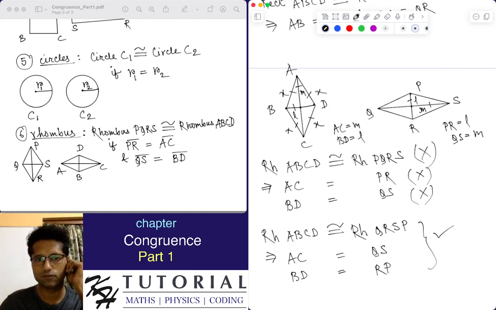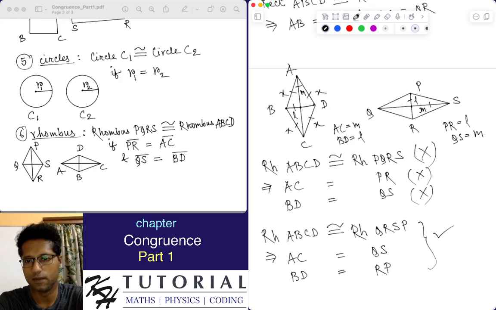So you have to be careful when you are expressing the congruency between two plane figures. How you name the two figures is very crucial as per the ordering of the letters, especially in rectangles, rhombus and triangles.